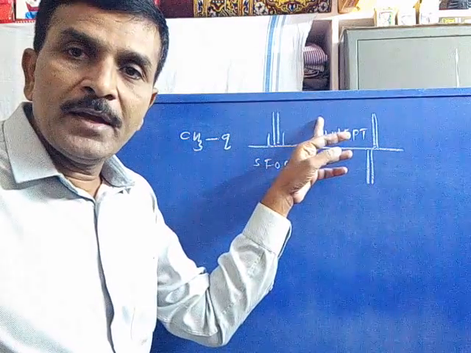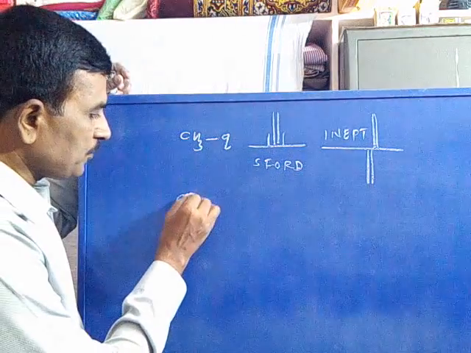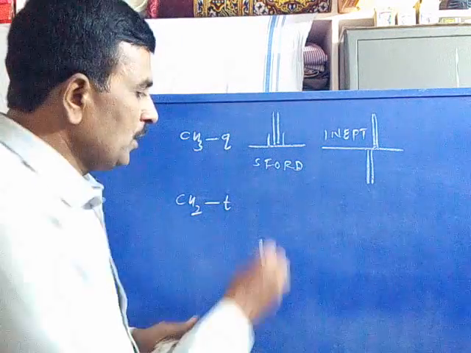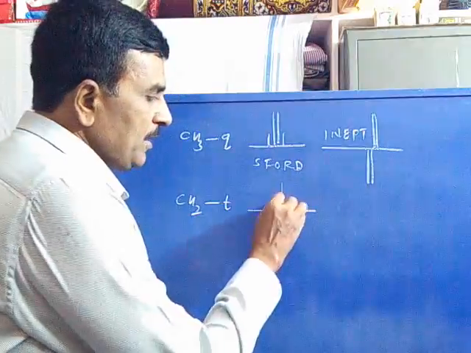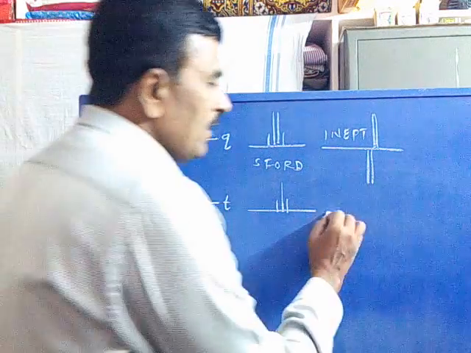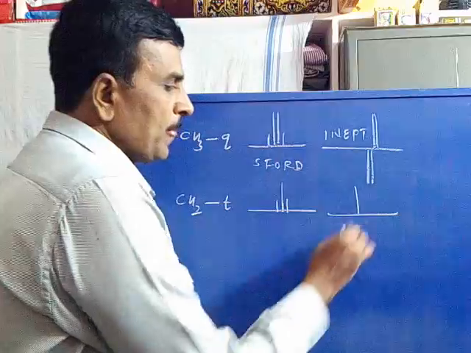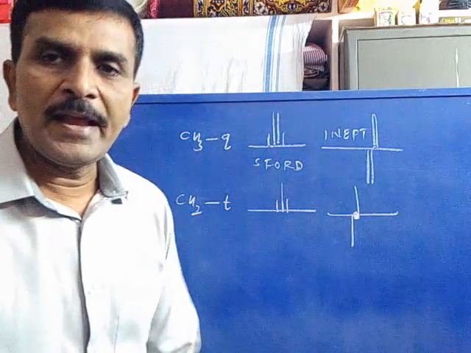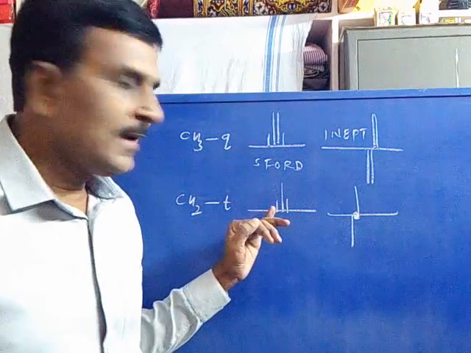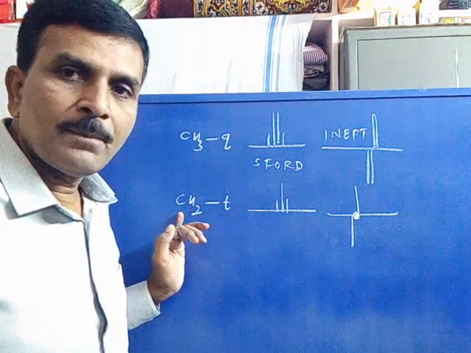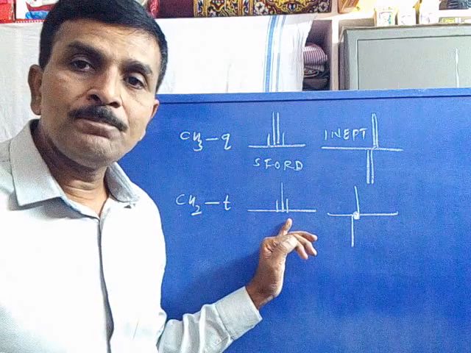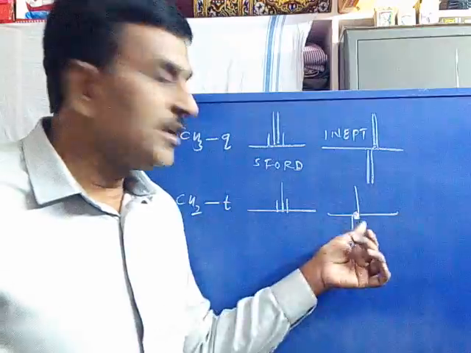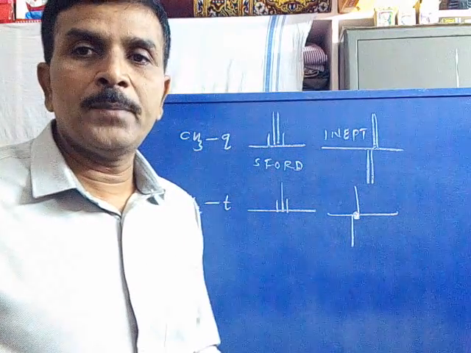in the INEPT experiment. Similarly, the triplet corresponding to CH2 of SFORD, this is SFORD, is recorded as one positive line, one negative line with zero intensity middle line. Are you following? A triplet related to the CH2 carbon of SFORD is recorded as one positive, one negative line with zero intensity middle line in the INEPT experiment.